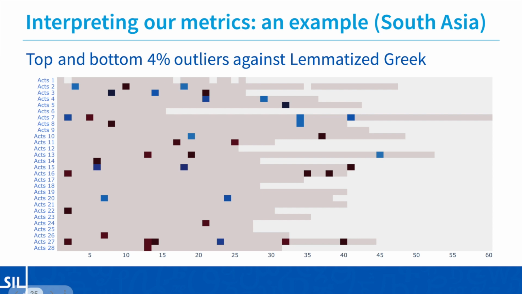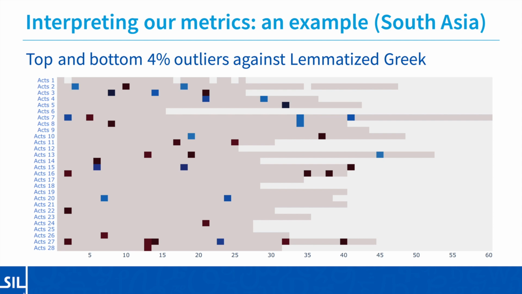Here, we see a heat map of word correspondence scores for the Book of Acts in a dynamic South Asian translation compared to the lemmatized source Greek. These are not raw scores. These scores have been calibrated against other dynamic translations from the same language cluster. The top and bottom 4% outliers have been highlighted here, representing what is out of bounds when compared to other dynamic translations.